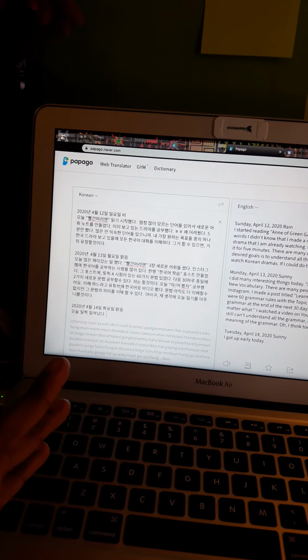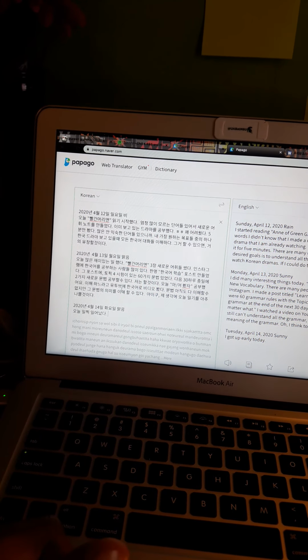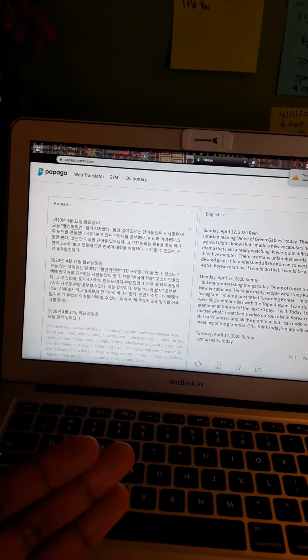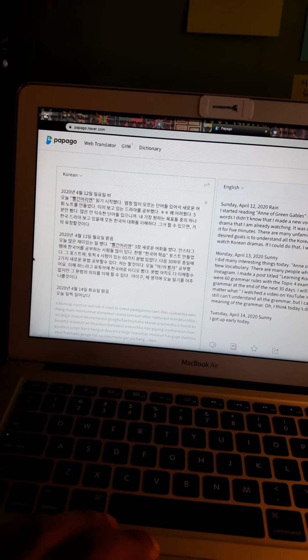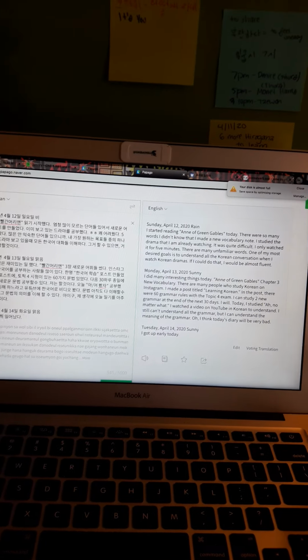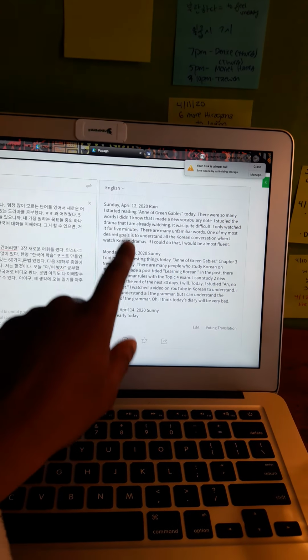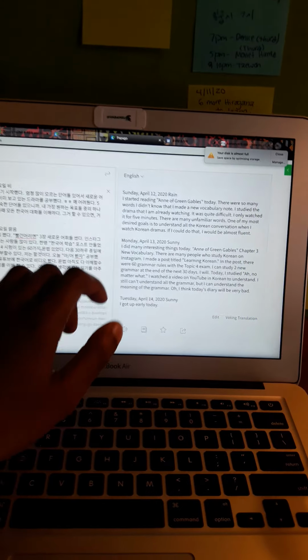And what I do so that it is not technically using the translator as a crutch is that I just type my Korean into here and make sure that it says what I want it to over here. This is the translated English version of this.